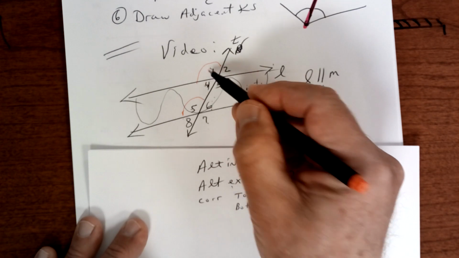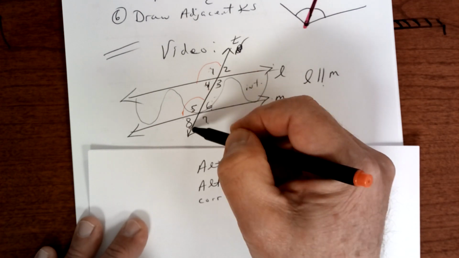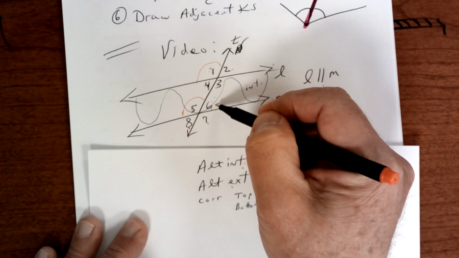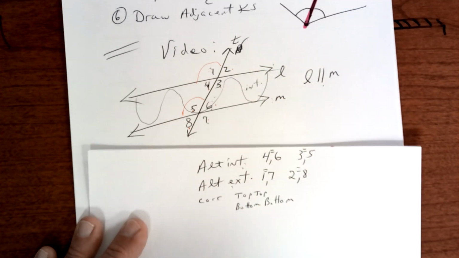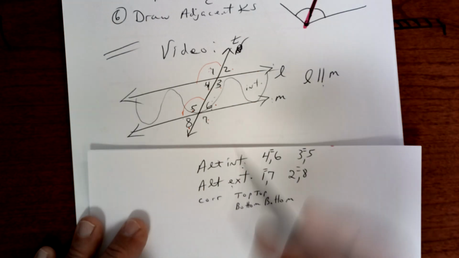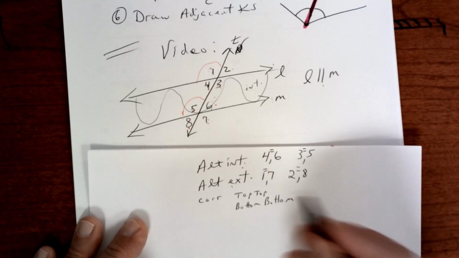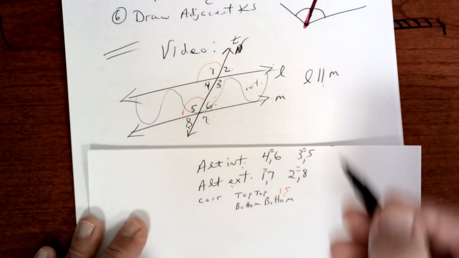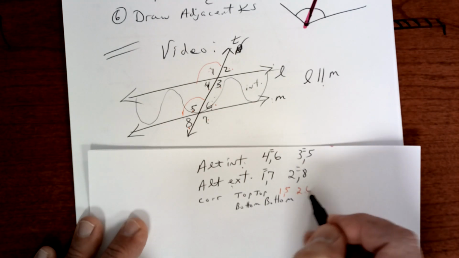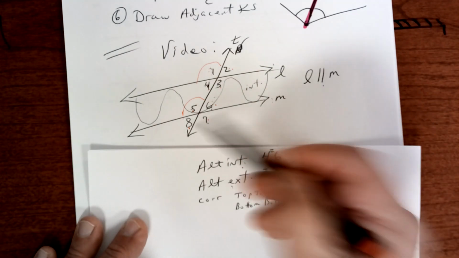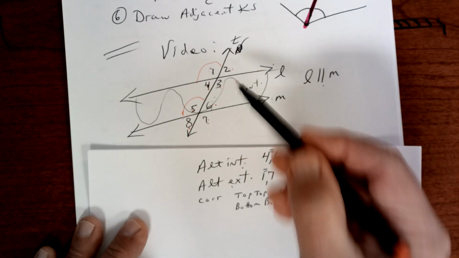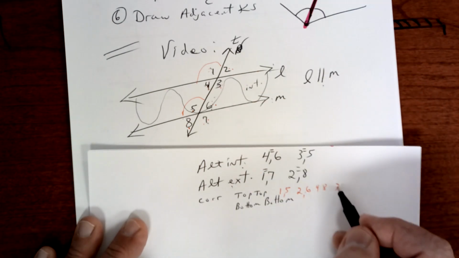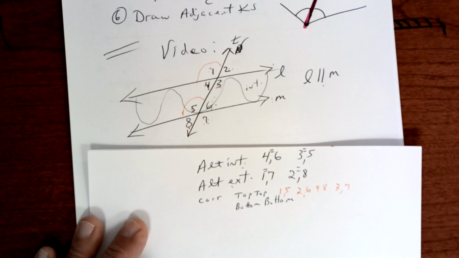Top, top, bottom, bottom. Write those down. Top, top, 1 and 5. Top, top, 2 and 6. And bottom, bottom, 4 and 8. And 3 and 7. And those are equal provided the lines are parallel.